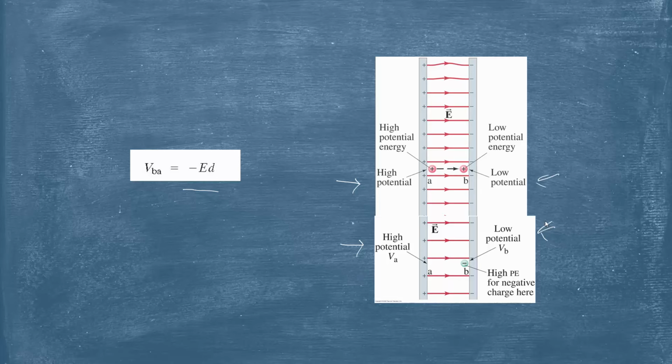But what switches is the potential energy. A positive charge has high potential energy on the positive side and low on the negative, and that switches for a negative charge. It's got high potential energy over here, and over here it's going to have low potential energy, UE. All right. Hopefully that's starting to sink in a little bit.